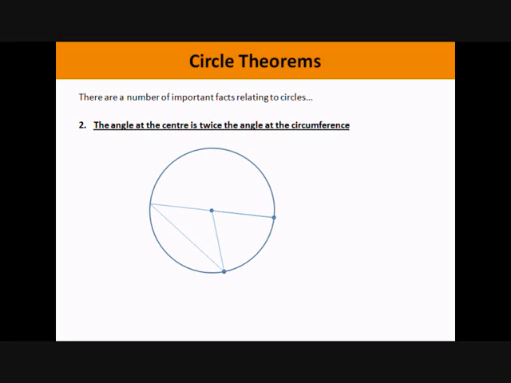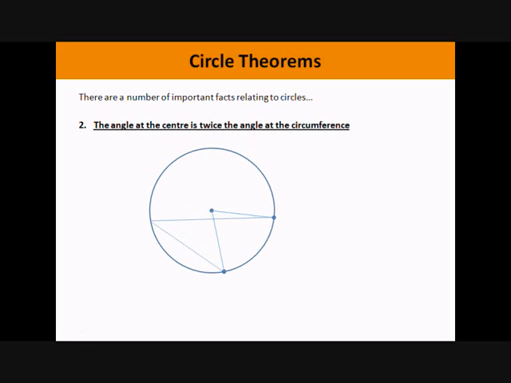Now it doesn't matter whether it looks like this, for example. You've still got 2 points, and then you're making an angle up to the center, and you're making another angle from the 2 points up to the far edge, up to the circumference. So it could be that it looks like that, and two of the lines line up together.